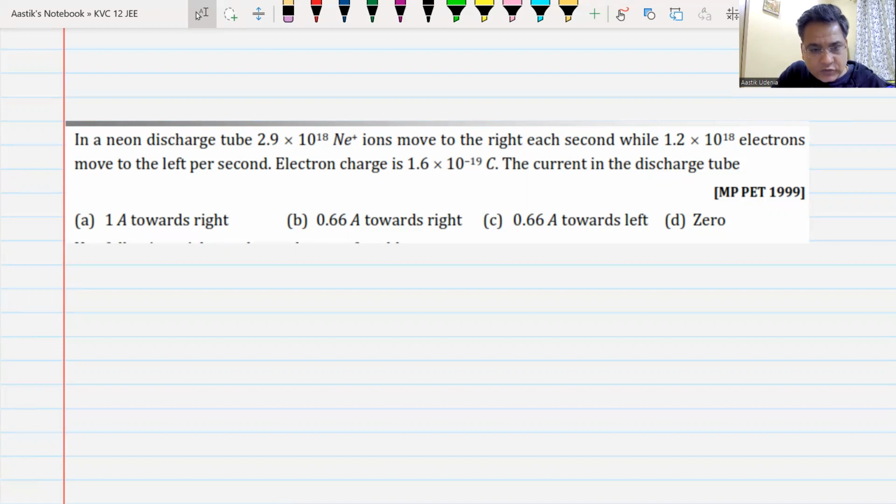Yes, sir. Okay. So what we have to do in this question? We have to find the net flow of charge. How much charge is flowing from where to where? Towards right, sir.